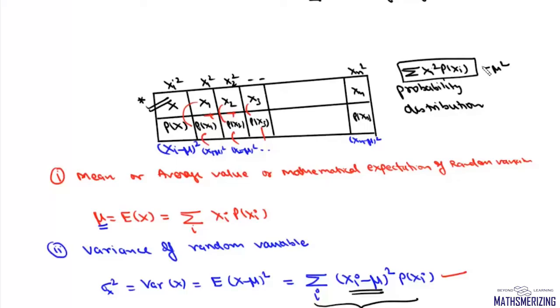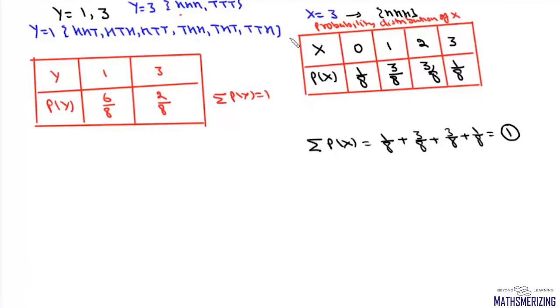Now we'll come back to our probability distributions to calculate their mean and variance. First we'll consider the mean of this probability distribution. In this case we can write this mu or Ex as summation xi into pxi over all i.